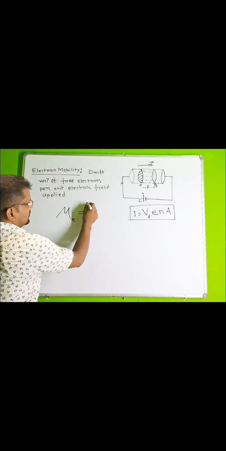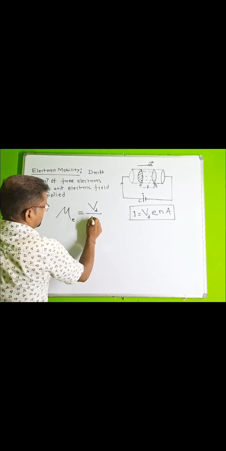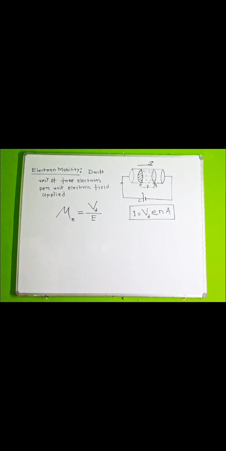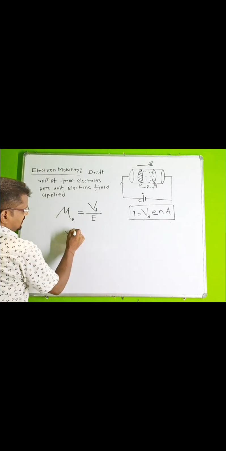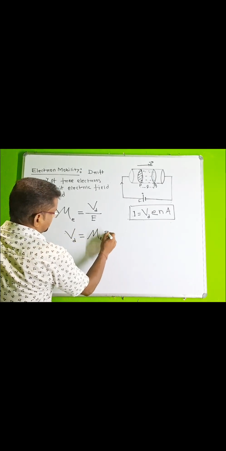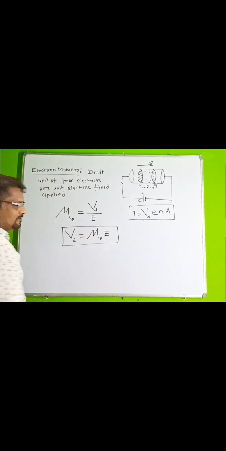It is nothing but the drift velocity of free electrons per unit electric field, v_d divided by E. That's it. This is your electron mobility. From here you can say drift velocity is nothing but electron mobility times electric field. This is another expression of drift velocity.